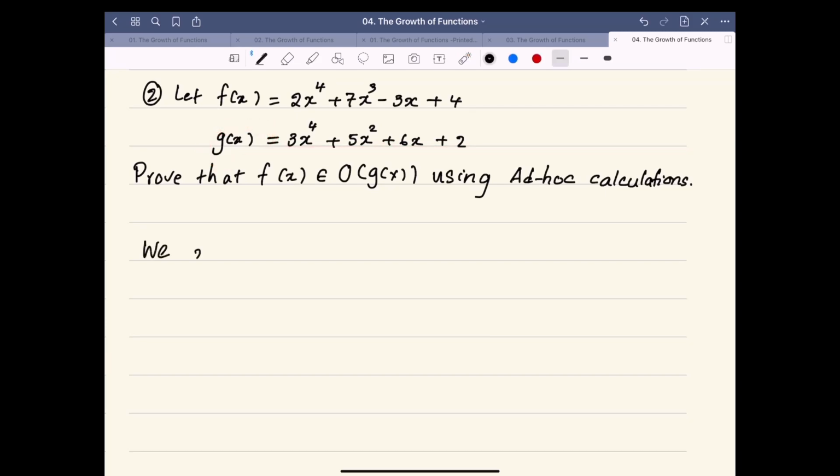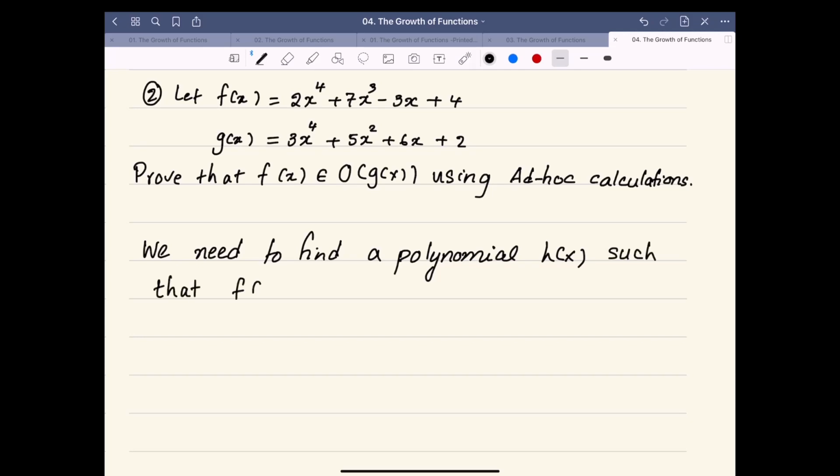We need to find a polynomial, and we are going to call it h of x, such that f of x is less than or equal to this polynomial h of x and less than or equal to c multiplied by g of x.